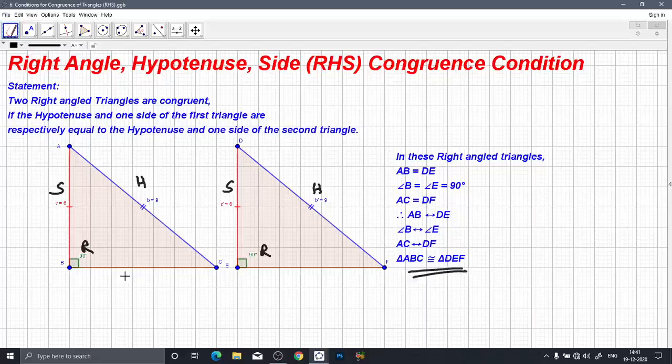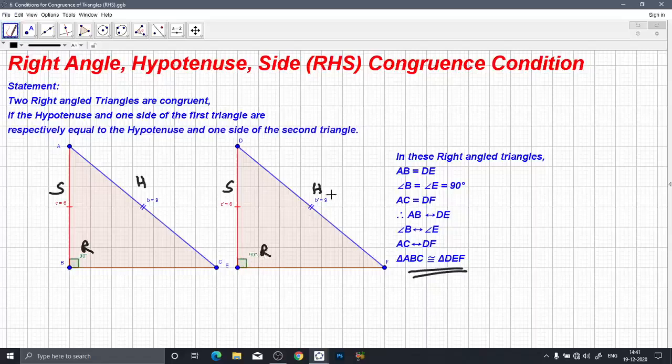If you observe here 1, 2, 3, 4, 5, 6, 7, here also 1, 2, 3, 4, 5, 6, 7, both are equal. If you consider this side also, we can tell that these two triangles are congruent. Any side we can take, but only one side. Because you have to prove only the hypotenuse and another side, as the right angle is already equal.